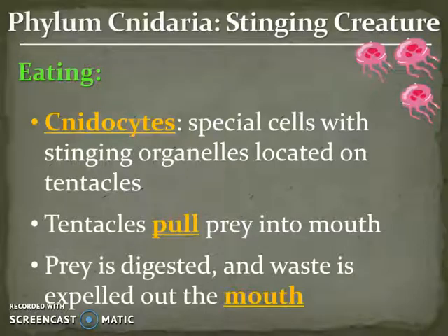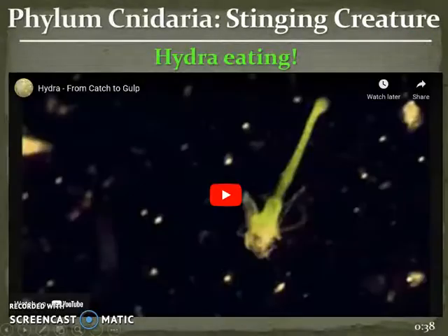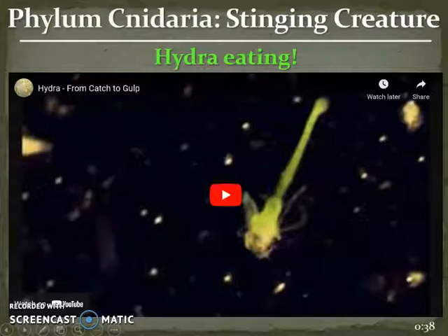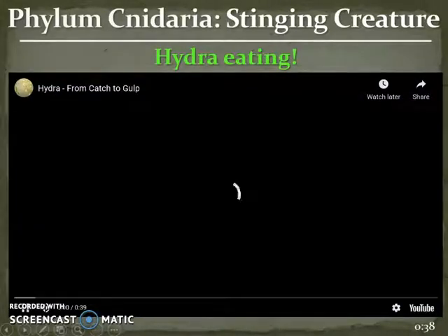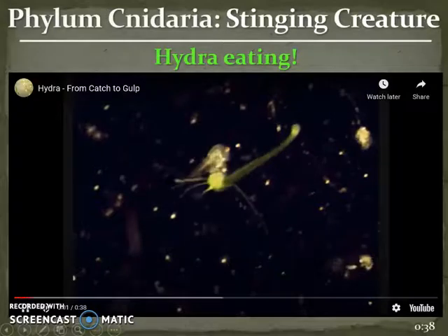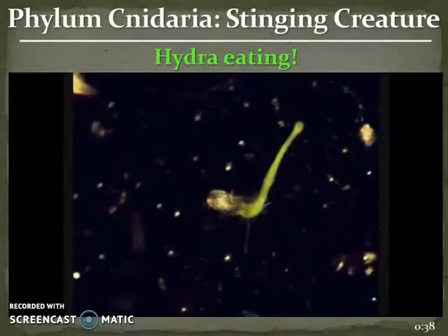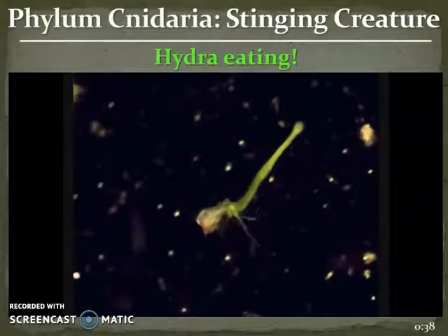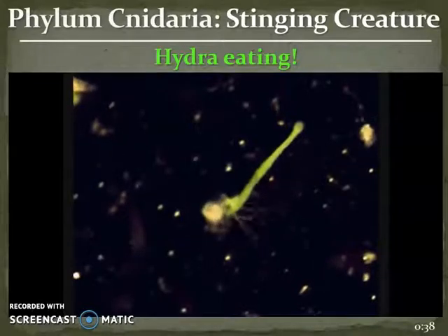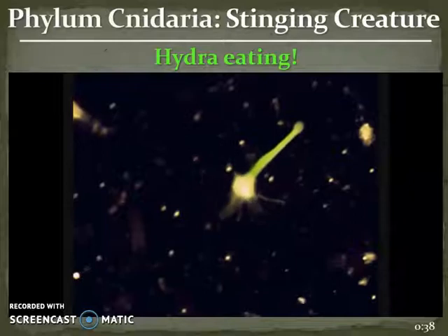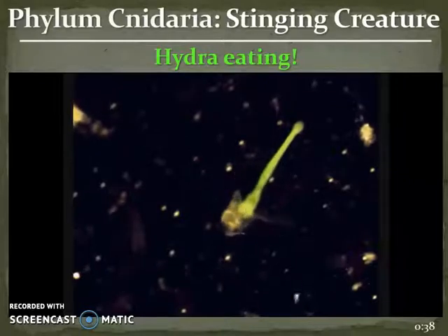Here's a quick video of hydra eating. Hydra is an example of a polyp. So you can see it uses those tentacles to sting, incapacitate the organism, and pull the organism into the mouth of the hydra.